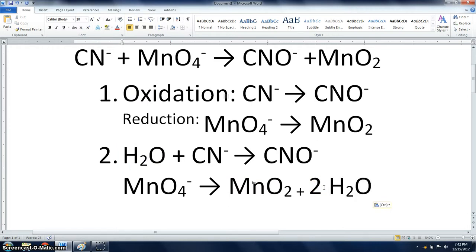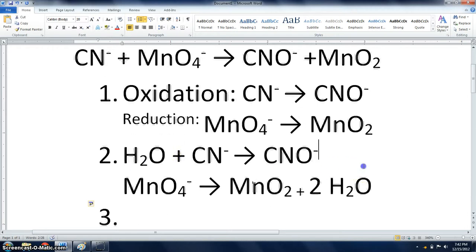Okay, now our next step is to balance the hydrogens on each side, and to balance them, we're going to have to add H plus ions. And that's going to be step 3. So we have 2 hydrogens here.